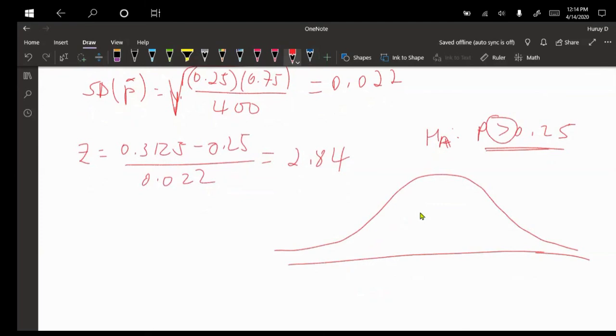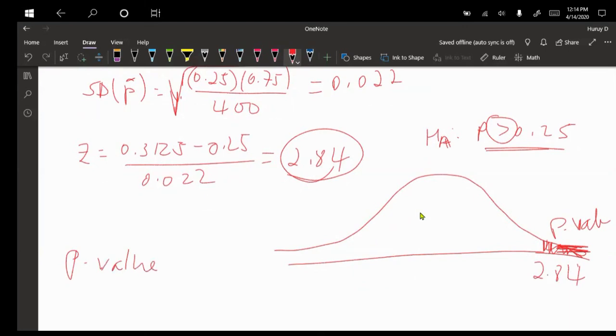Since this is a greater than sign, our p-value is on the right side of this value. So if this is 2.84, then the area to the right of 2.84 is what we call the p-value. Now remember here, we don't multiply it by 2 because we don't have the left side. Do not multiply it when it's one-sided.